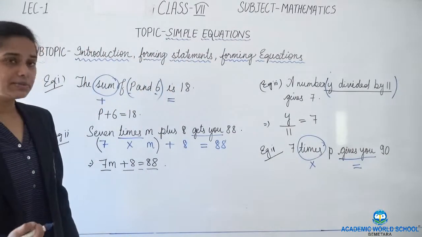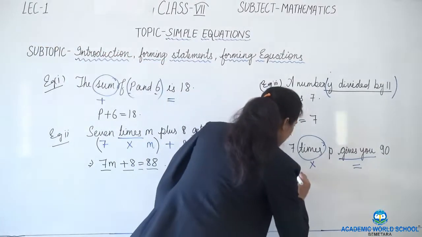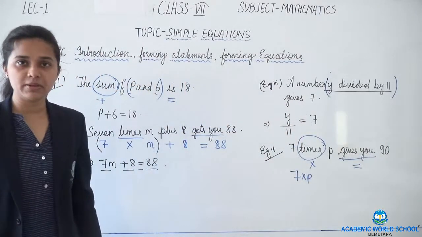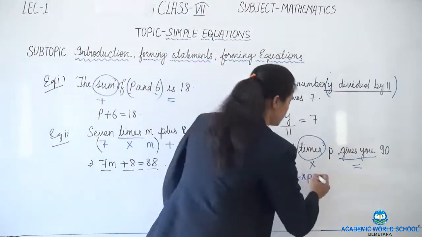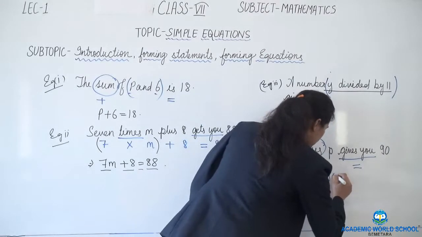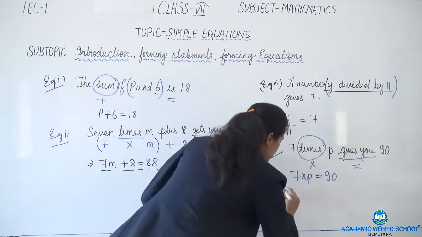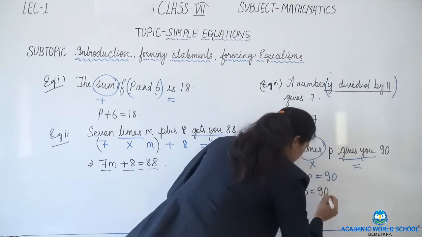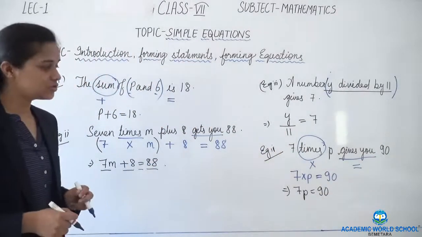Now, 7 times p. How did we do it? 7 into p. 7 times p will be 7p. Gives you will be equal to 90. So what is the answer we got? 7p equals to 90. Check your answer. How can you check it?